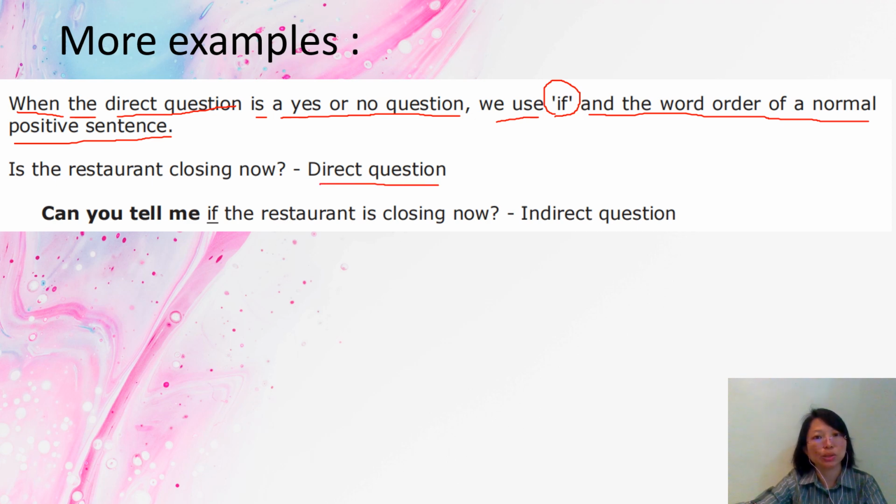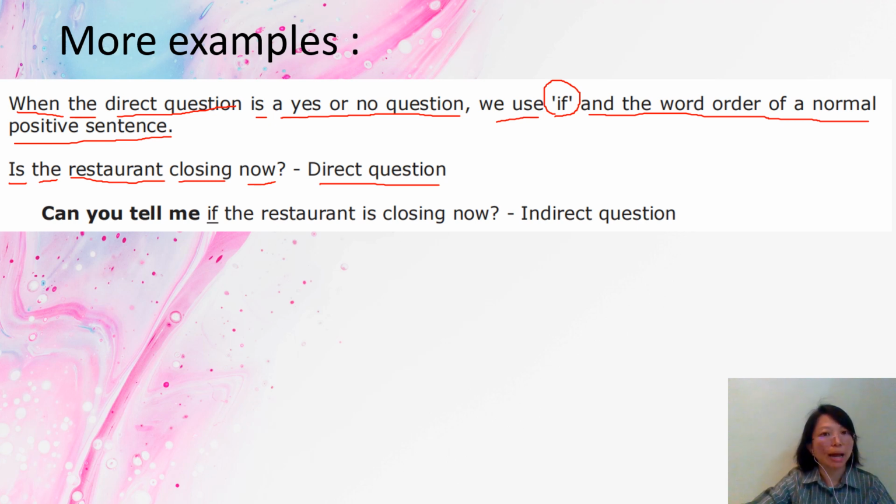So let's look at the direct question here. It begins with is. So here the question asks, is the restaurant closing now? When people ask you, is the restaurant closing now, you can either say yes or no. So this is a yes or no question.